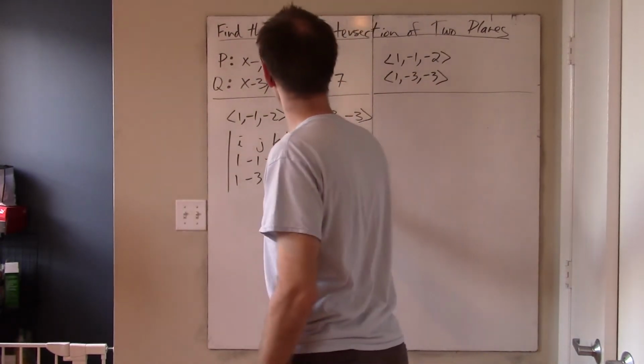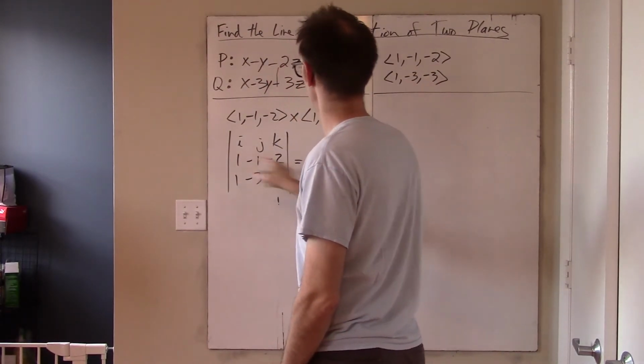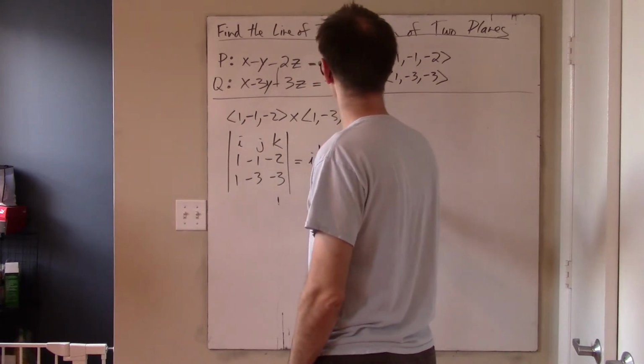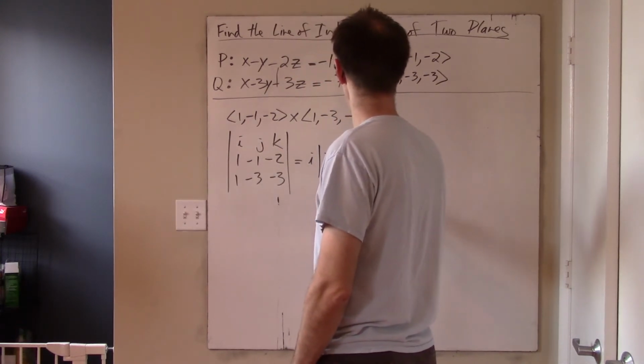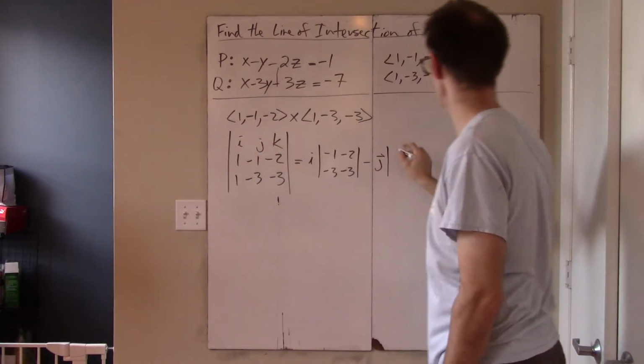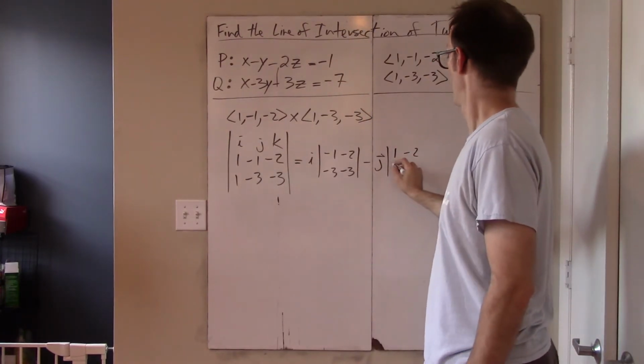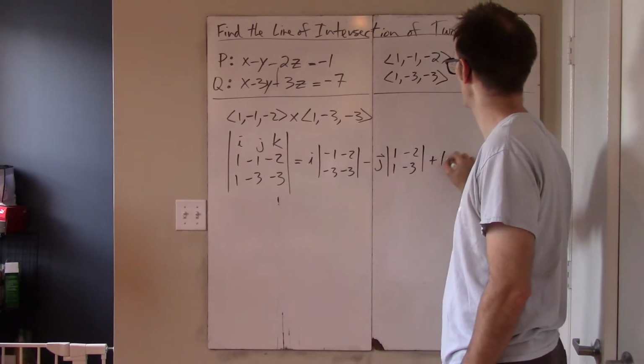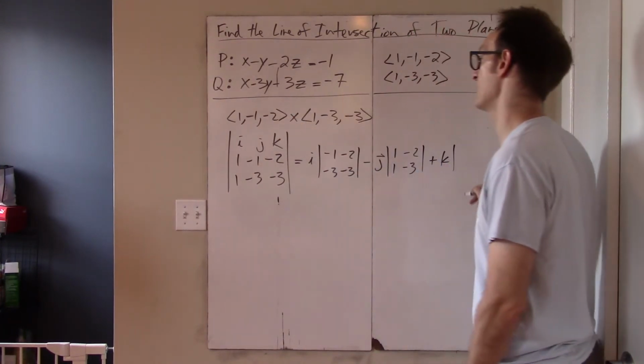So you get i times, minus, for obscure reasons, j times, plus k times.